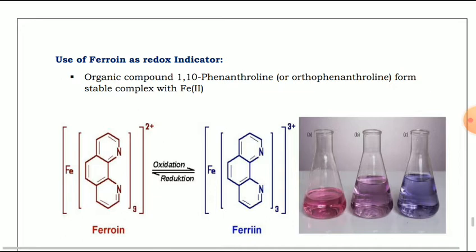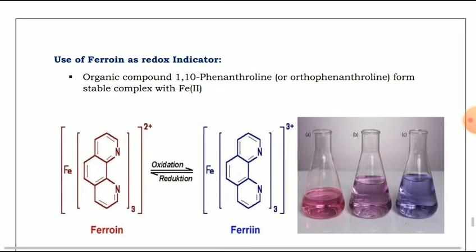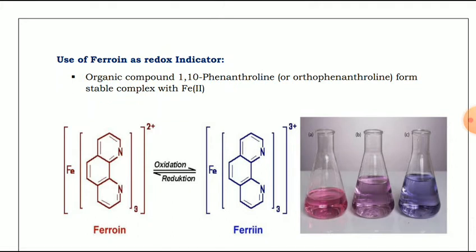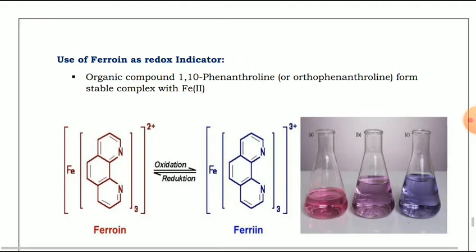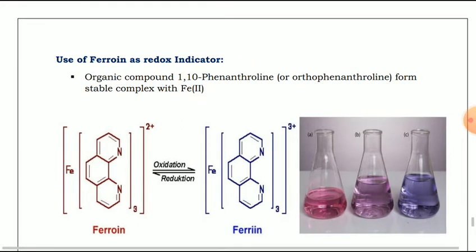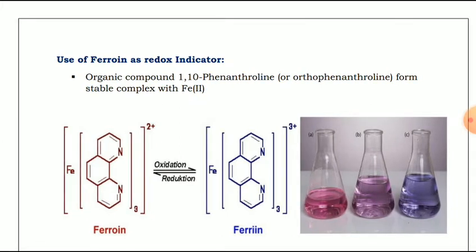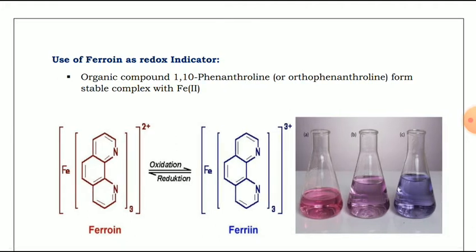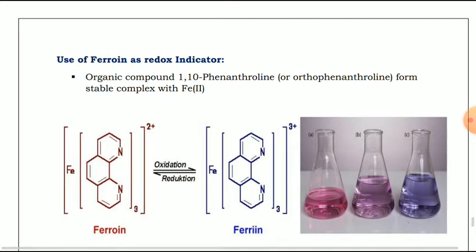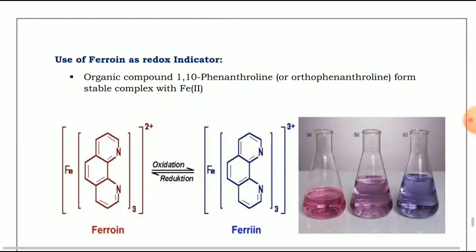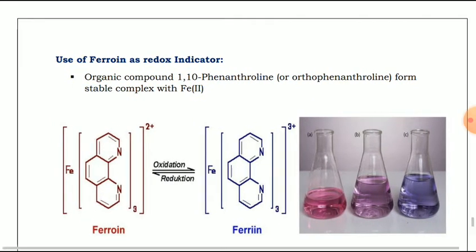When it oxidizes, that means an increase in oxidation state, it acquires the +3 oxidation state, so the name ferroin is converted into ferriin. Why? Because ferrous is converted into ferric. In the reduced form, ferroin is red in color, and when it oxidizes into ferriin, it immediately acquires a blue color.